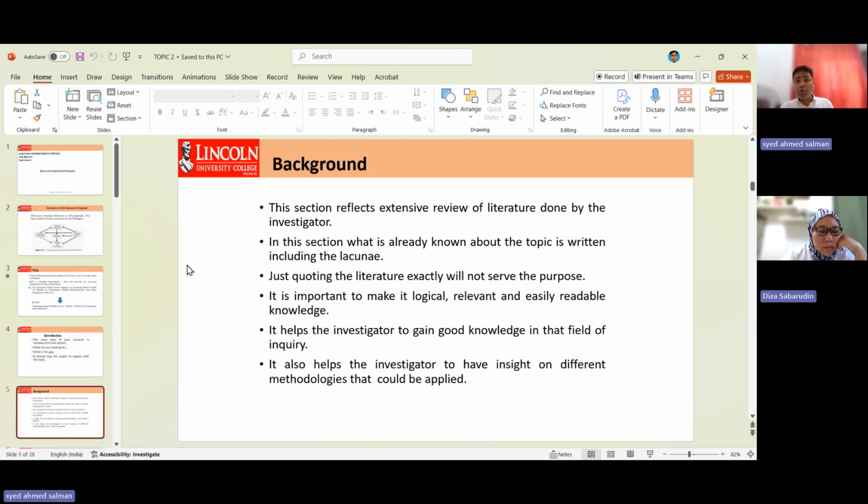So what you have to do is review a lot of articles. Then only will you be able to write the extensive review of literature. Otherwise you cannot write it. Do you understand what I am trying to say here? Yes.